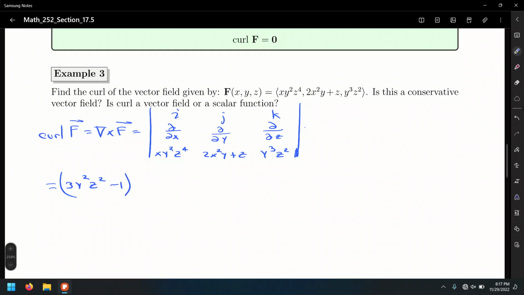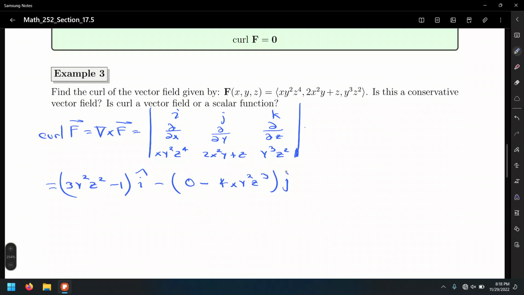Well, just looking at the first component, which is not a 0, we can already tell that the vector field is not conservative, right? But of course, we still need to find the curl. Minus, in this case, the partial of h with respect to x. So that is, well, 0. There's no x's at all. Minus the partial of f with respect to z. That's 4x y squared z, 4 minus 1, that's 3.